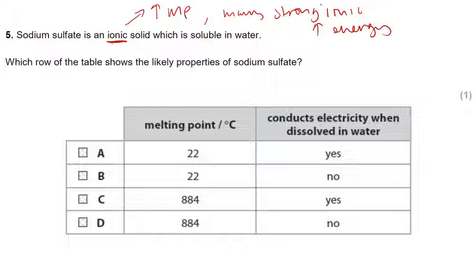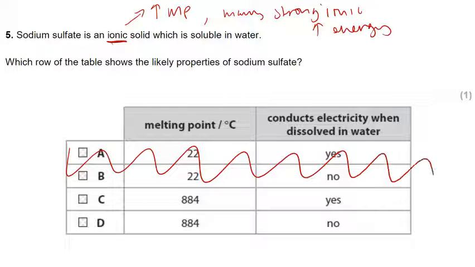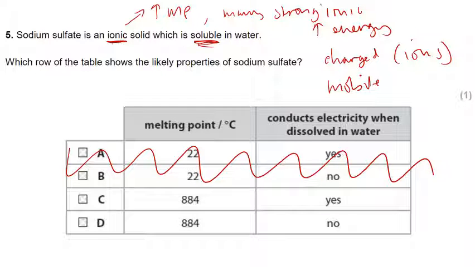Okay, so it's going to have a high melting point, so we can cross off A and B, and then conducts electricity when dissolved in water. Let's see if it's soluble in water. It's an ionic compound, and remember, the two things that you need are charged particles. So you have ions in this case, and they need to be mobile. Because it's dissolved, they are mobile. Okay, so it will conduct electricity. So your answer is C for this one.